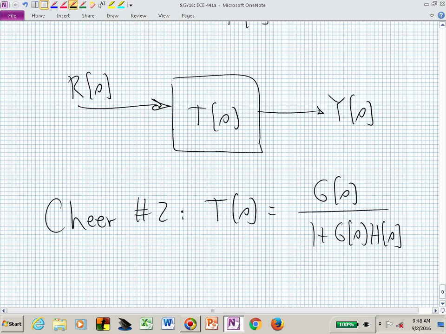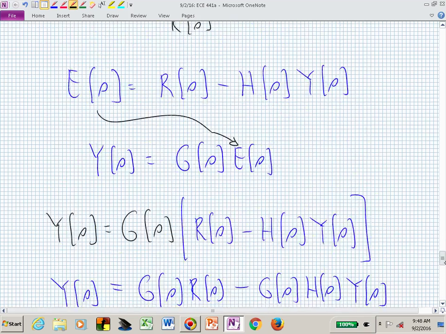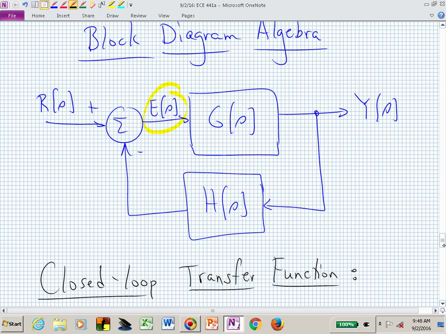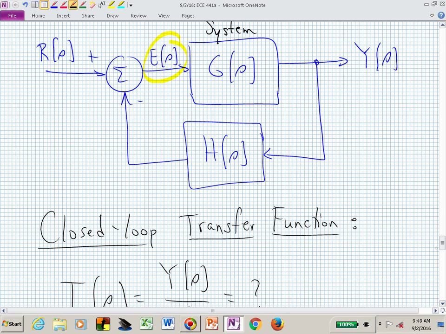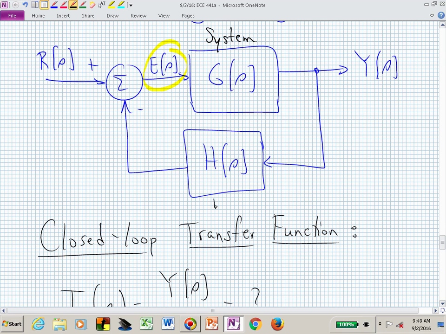Do you see what I'm trying to do? Now, if you have a complicated block diagram, and in this case it's not that involved, we have some system, let's say it's G of S, and we have some kind of either filter or dynamics or controller in the feedback path that filters the output.